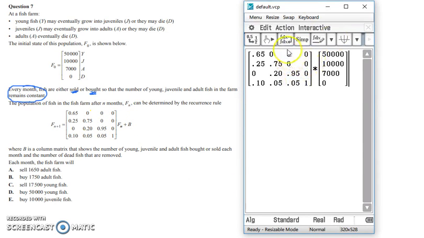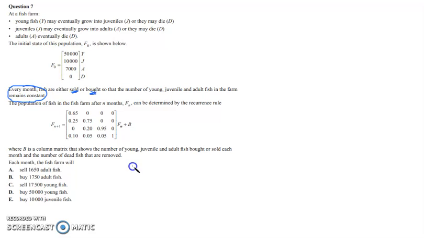We've got our matrix there, we've got our initial state matrix, and if we weren't to change this by matrix B, which is adding or subtracting fish, we would have this matrix value: 32,500, 20,000, 8,650, and 5,850.